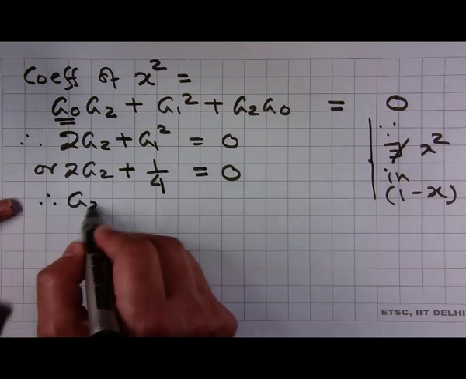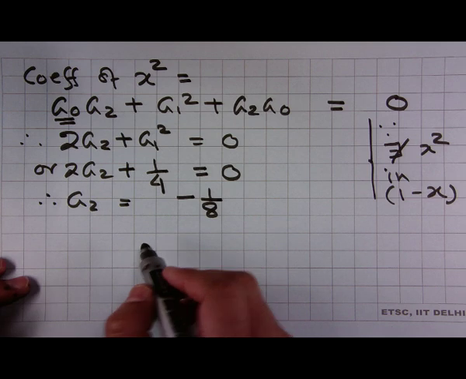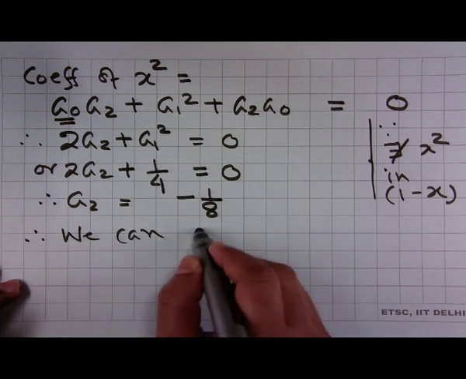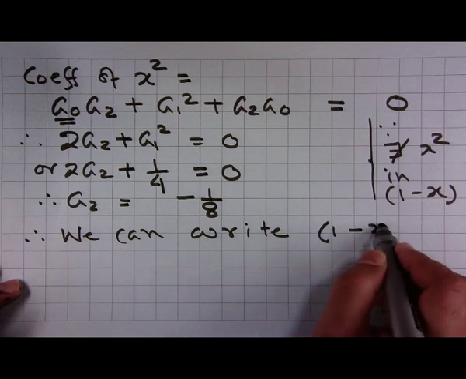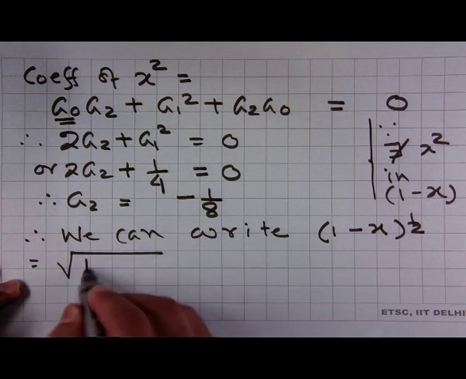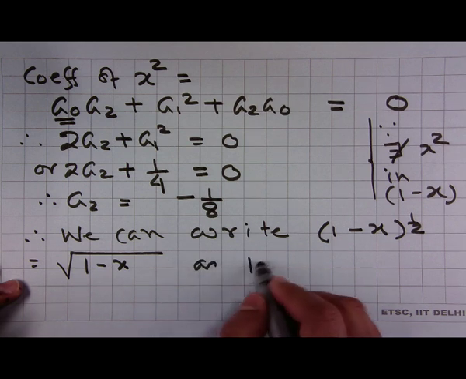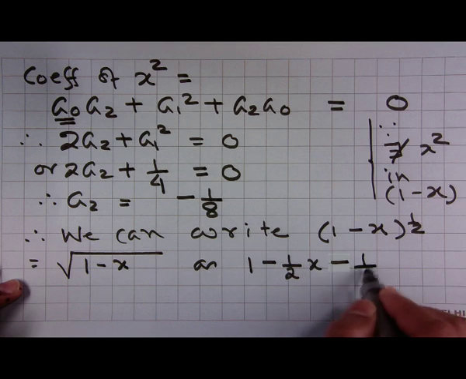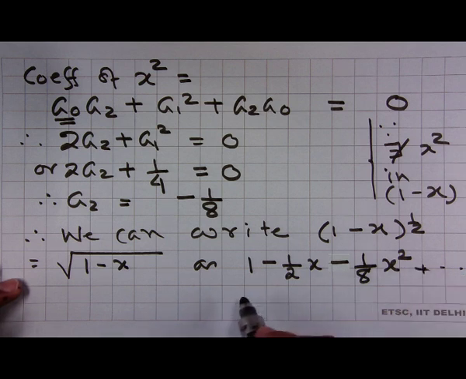Therefore, a2 is equal to minus 1 by 8, or we can write (1 minus x) to the power half, the square root of 1 minus x, as 1 minus half x minus 1 by 8 x square plus higher powers of x.